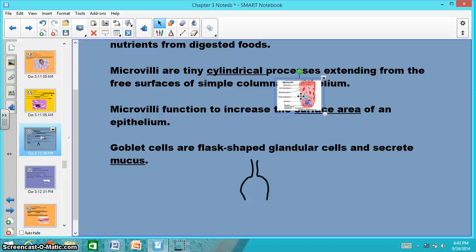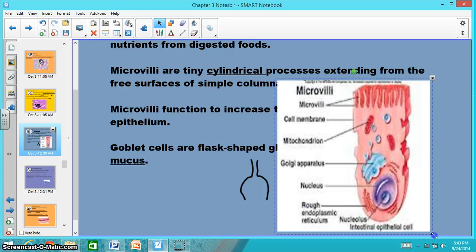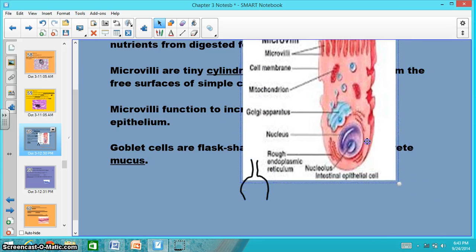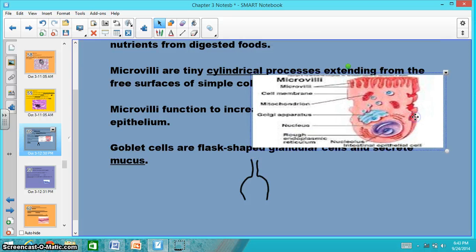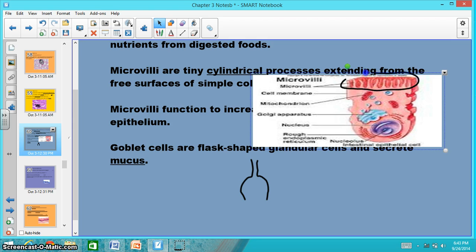So mucus in small doses isn't a bad thing. When your body produces too much, you don't feel so good. So just looking at this picture, here's the cell, okay, and then this top part, those are those microvilli.